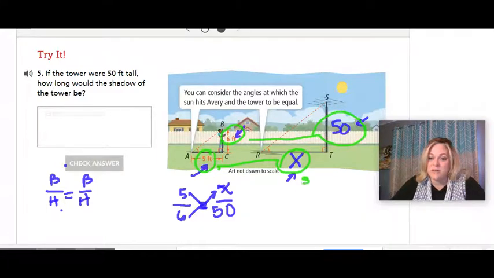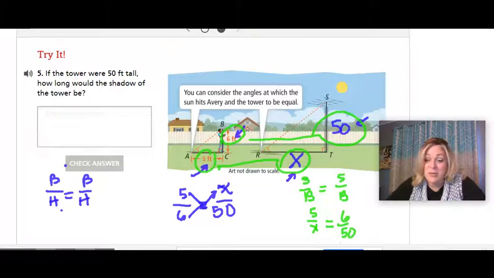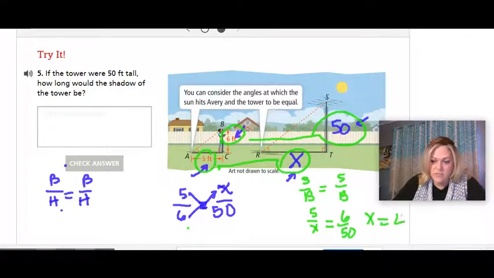So if I did small to big equals small to big, notice I did this in a different color so you can know the blue stuff is the base to height and the green stuff is the small to big. I would do 5 to x equals 6 to 50. When you cross multiply, you will get the same answer. X equals 41.6. I got 6 repeating. 41.6 repeating, and we'll say feet.